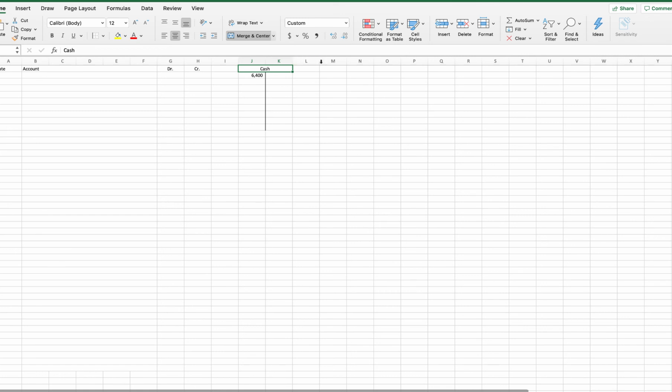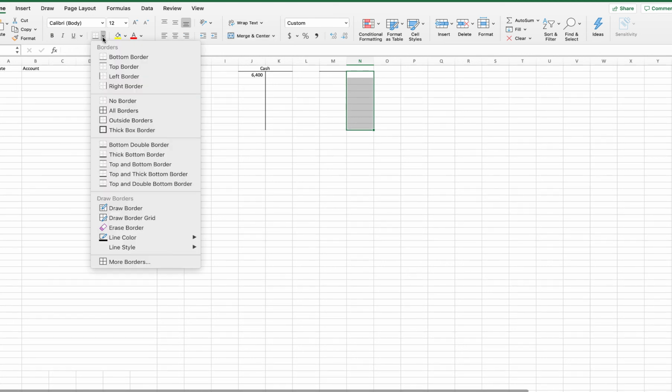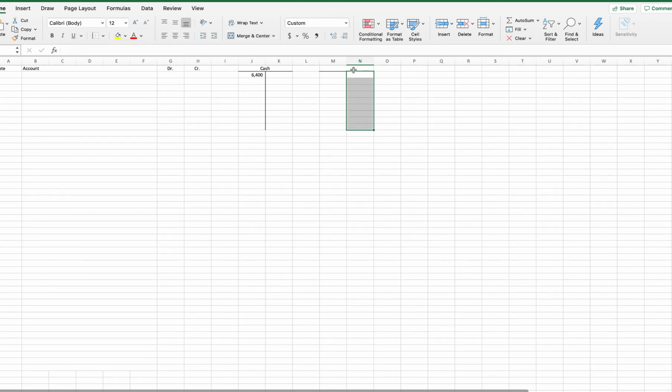I'm going to do the same thing. I'm just going to skip a column here, and I'm going to do accounts receivable. So I'm going to format it the same way, right? I want to merge and center. I want my bottom border, and I'm just going to select an arbitrary number of rows just to make sure I have enough room for the problem.